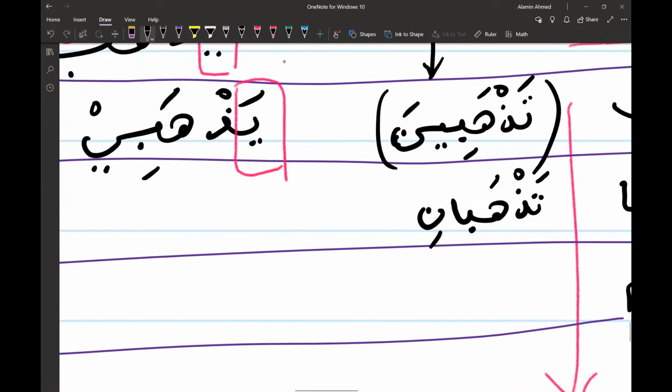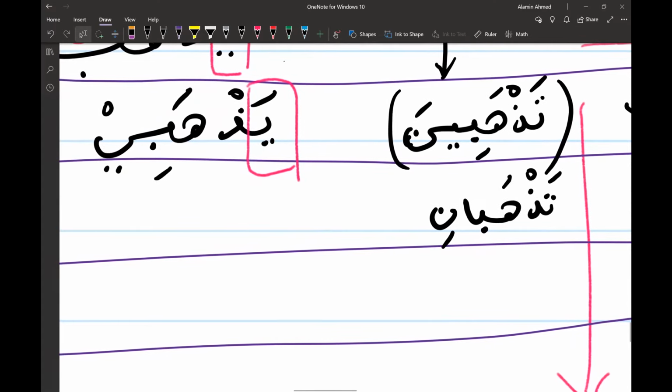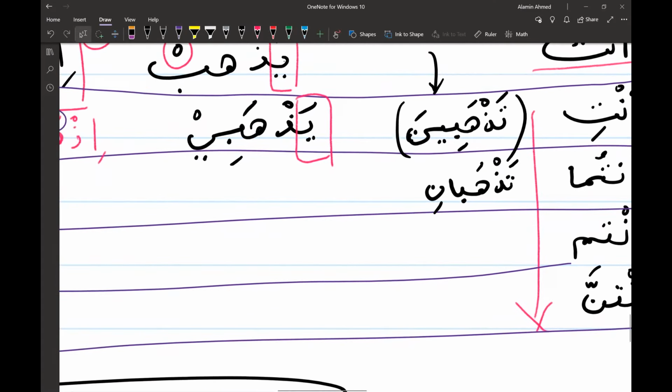Simple as that. So I drop the noon and then I add. If you want to go directly to the command verb, you think like this. I drop the noon and I replace the sign of the harful mudare with the hamzatul wasl. You can do two at the same time now, right? So drop the noon and put hamza instead of ya or ta, whatever is in the beginning.